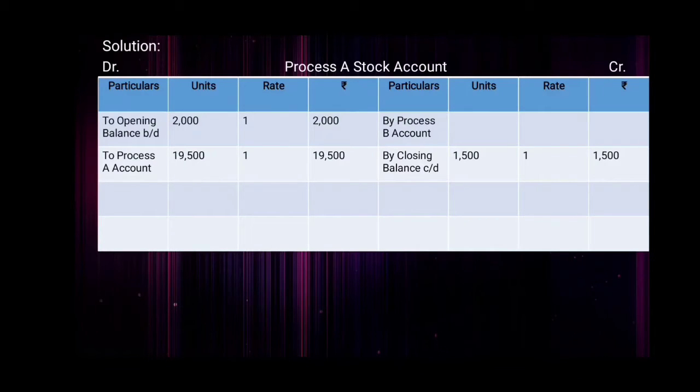So the balancing amount will be transferred to process B account. So the units are 20,000 at the rate of 1, which will be 20,000 amount. Now let us take the total of both the side. Unit as 21,500 and the total amount will be 21,500.